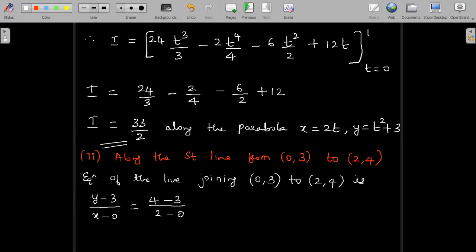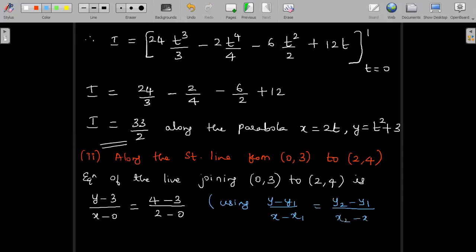This is a formula which we are all familiar with. So using this formula, we have got this.